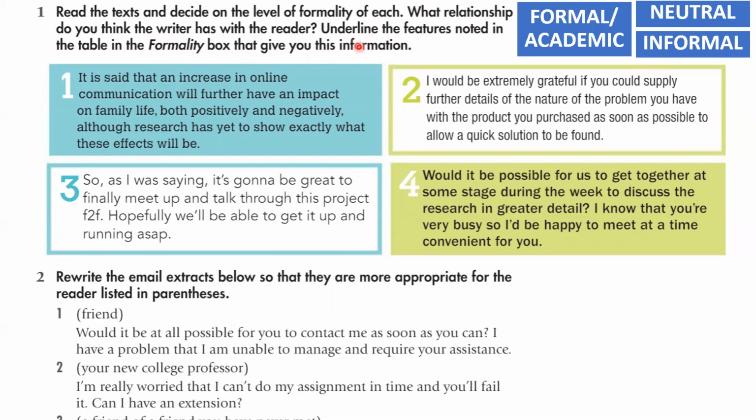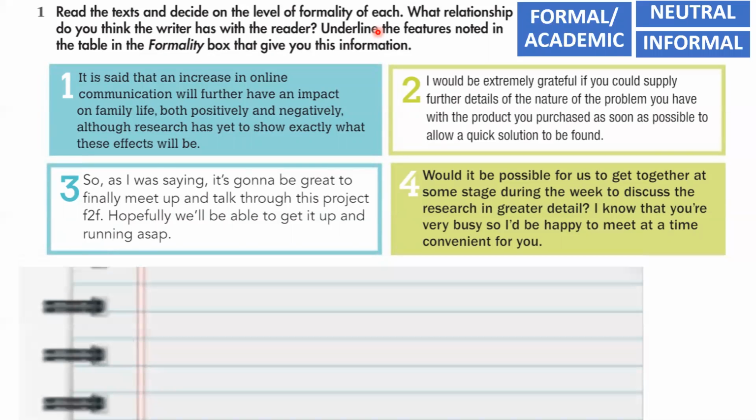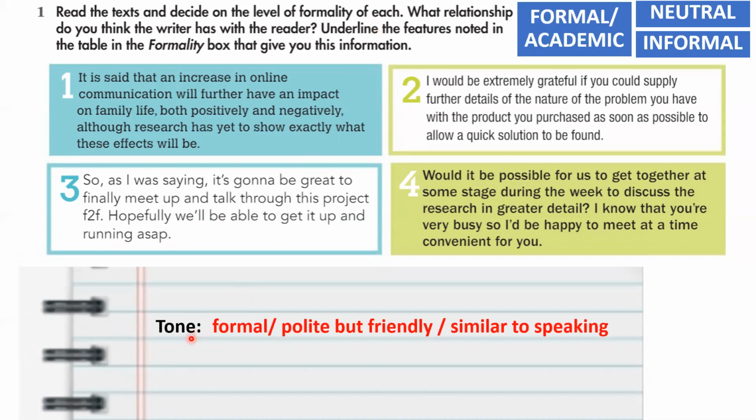Well, instead of underlining the features in the table, in your notebook, you're gonna write this. You're gonna write tone, and you remember that tone can be formal, polite but friendly, and similar to speaking. Then you're gonna write voice. We could use passive voice, passive and active voice, or just active voice.